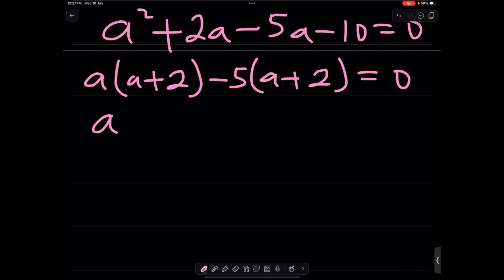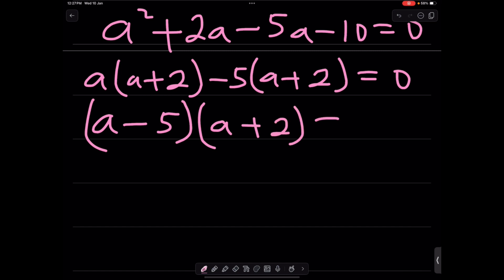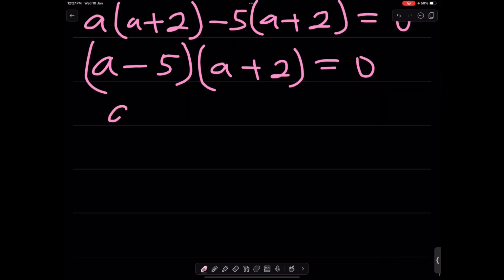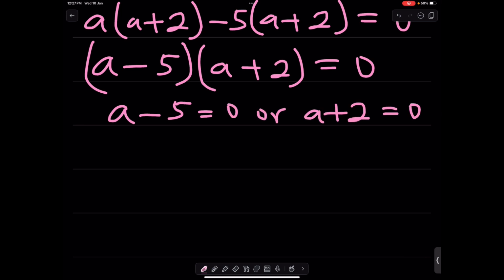That simply means a minus 5 times a plus 2 equals 0. Of course, this means a minus 5 equals 0 or a plus 2 equals 0, which means a equals 5 or a equals minus 2.